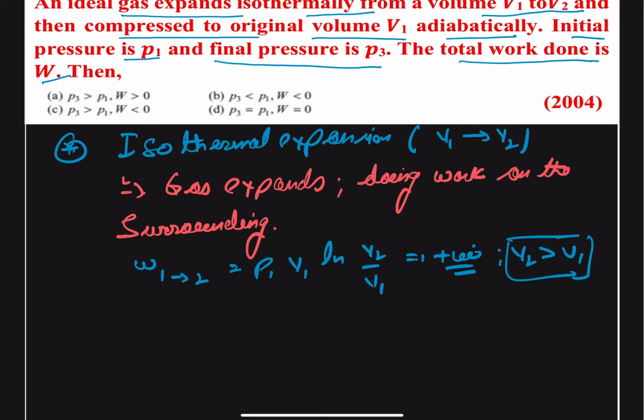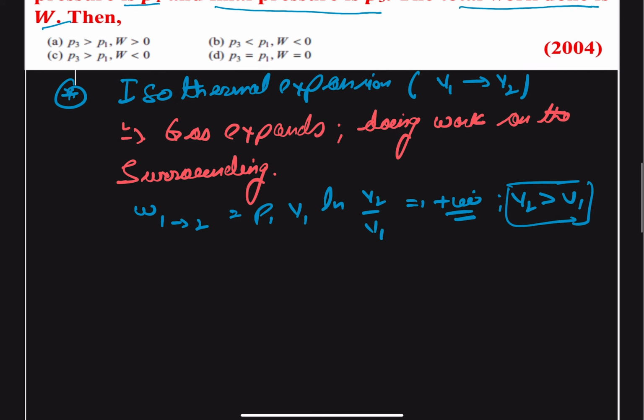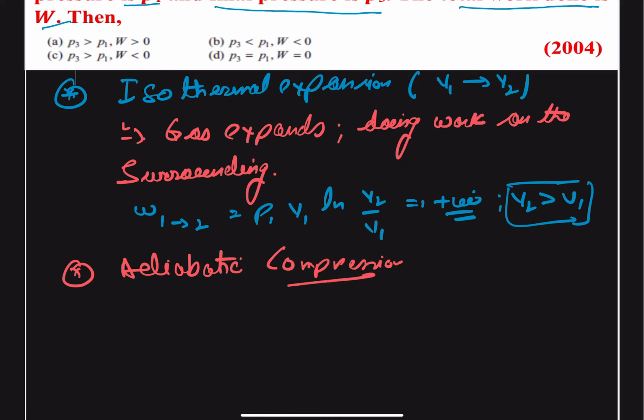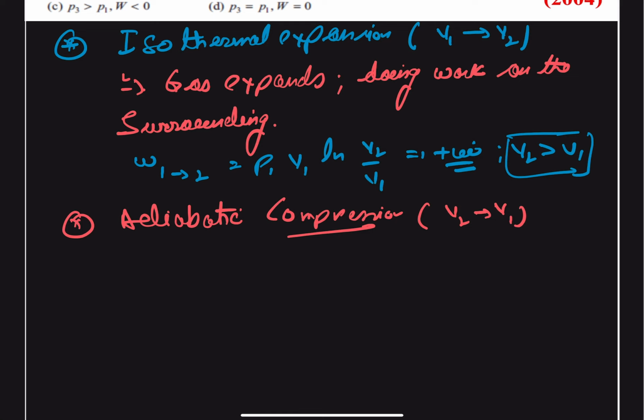Second process is our adiabatic compression. In this case, the process is from volume V2 back to volume V1, but it is done adiabatically. The gas will be compressed and work is done on the gas.